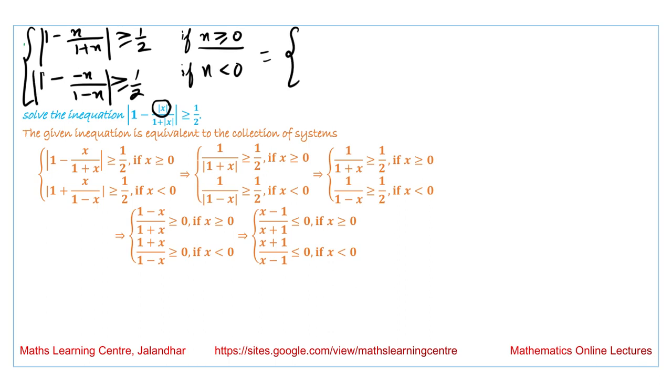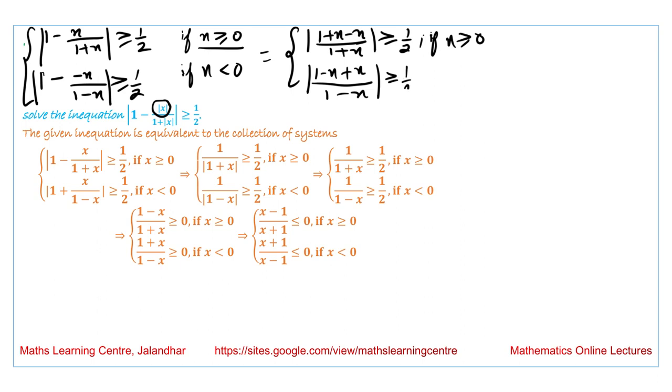If we multiply these terms over here, we obtain |1 + x - x| / (1 + x) ≥ 1/2 if x ≥ 0, and |1 - x + x| / (1 - x) ≥ 1/2 if x < 0.